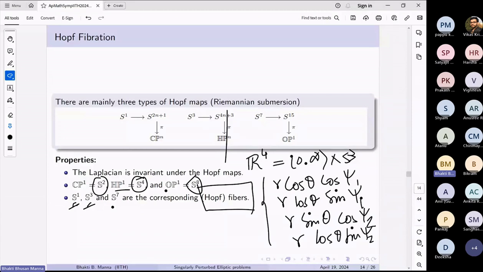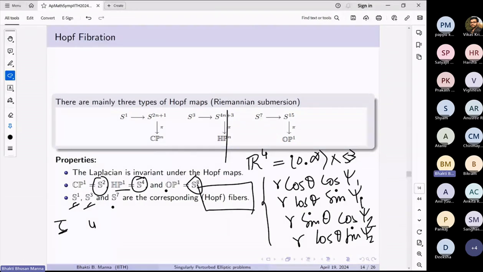So what is this Hopf fibration? We shall introduce another parameter, and restrict our space to U, which is invariant under this tau action.